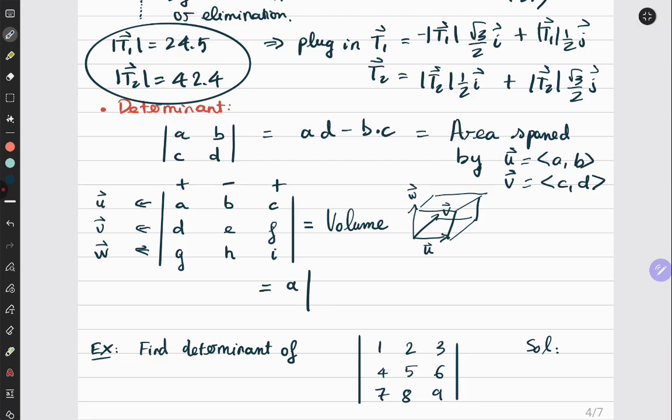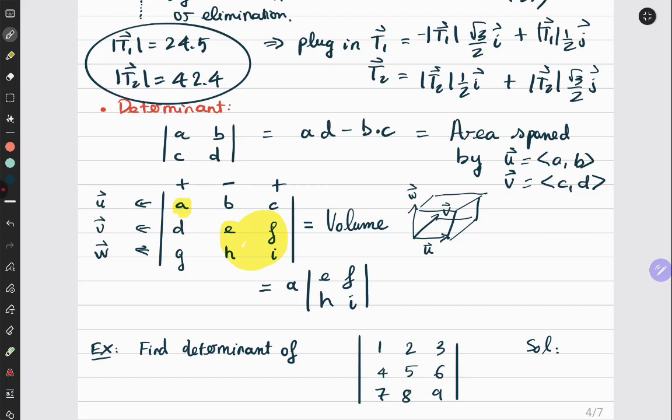This one in the corner multiplied by the determinant of these four. Where do I put the sign? The next thing is going to be minus.